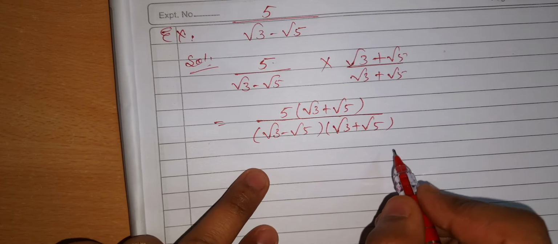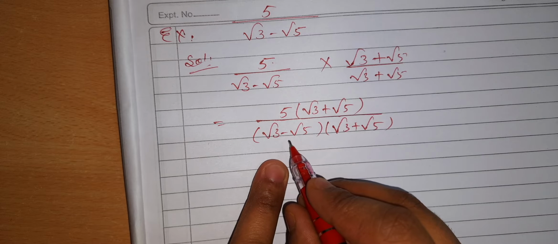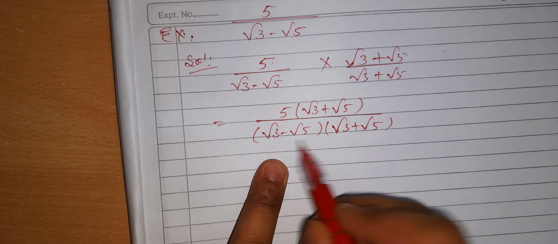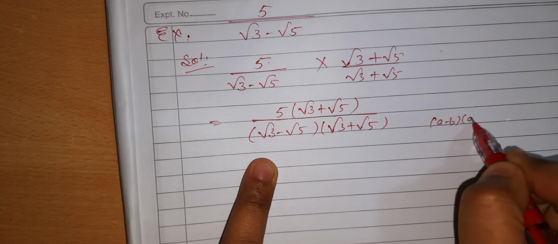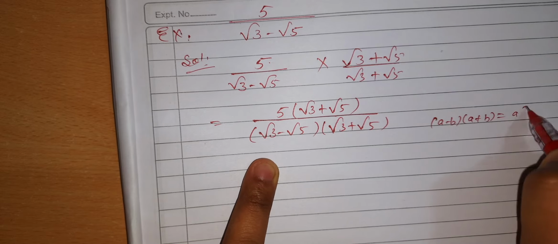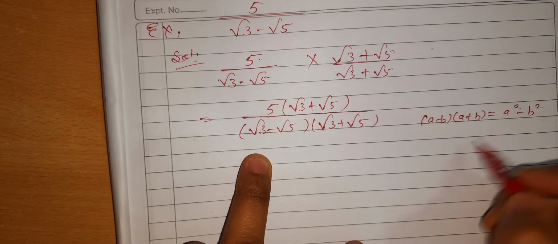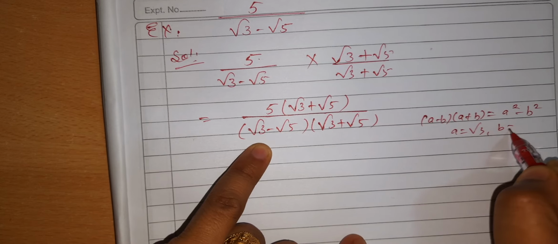Now see, again, in most cases you need to apply the same identity in the denominator, because every time you will get this form: a minus b, a plus b, which equals a square minus b square. You only need to identify the values of a and b. So here a is root 3 and b is root 5.